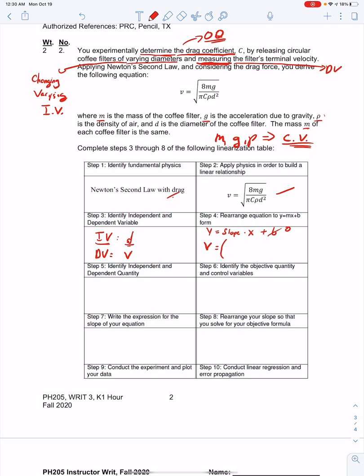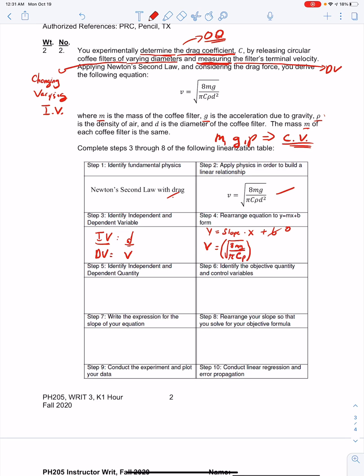So we go parenthesis, so the square root of 8 times mass times g over pi times c times density, close parenthesis. So notice that I have the mass, gravity, pi, c, and density. Anything that is constant and that you can include in the slope, do it.